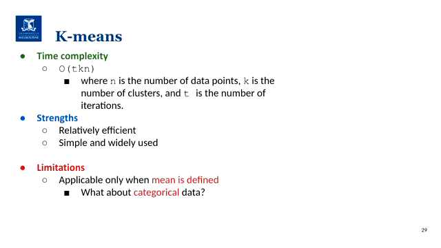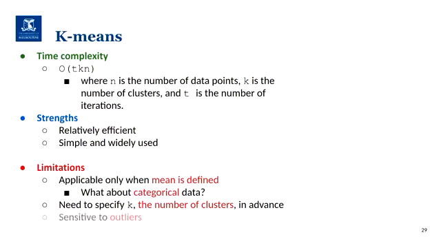How do you average a protein name? So when you have categorical data, you can't use a distance metric, okay? So it's one of the limitations. And of course, you need to specify k, the number of clusters, in advance, which is also important. And also k-means is quite sensitive to outliers, as I'm going to show in a bit. And it's not suitable to discover clusters in non-convex shapes.